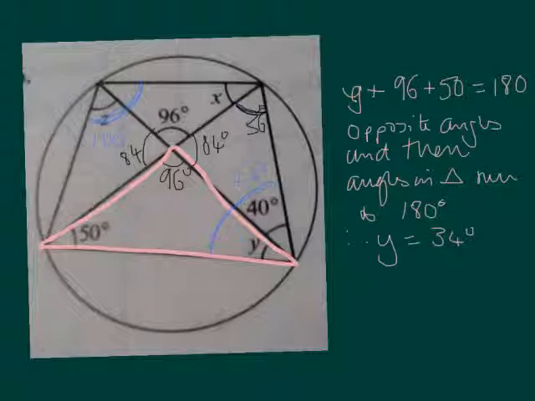I expect some of you are seeing this and it's staring me right in the face, but I can't do it at the minute. That's angle X. Because it's X, it should have been the first one I was able to find, so why couldn't I do it? 96. It's not necessarily an isosceles triangle, though it looks like one.